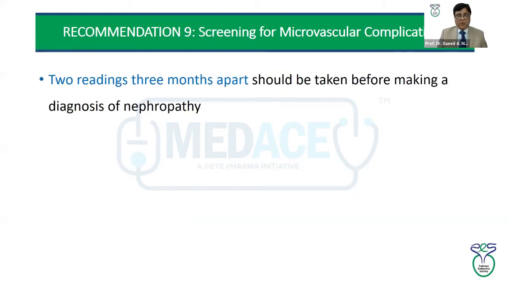So, how will you see? We usually ask for two readings 3 months apart before making a diagnosis of nephropathy, and the other factors I have mentioned should be excluded.